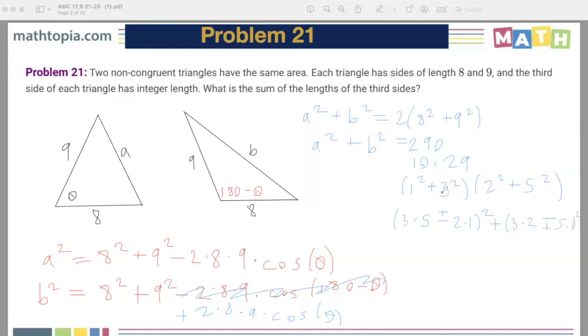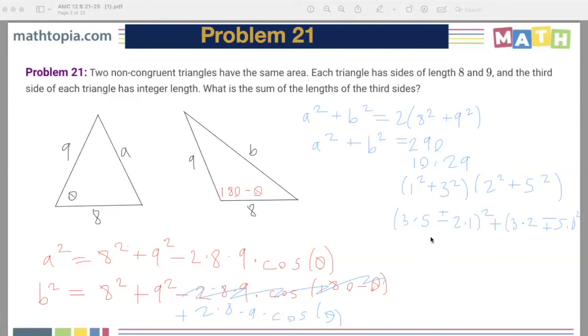This is the sum of squares identity. Then this is a clean way to solve the problem, but since 290 isn't a very large number, you could definitely just brute force possibilities for each of these numbers from 1 up to like 15 or something and find the solutions that way as well. But I'm just showing an elegant way to solve it.